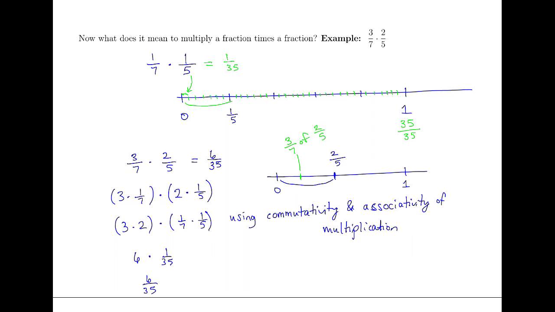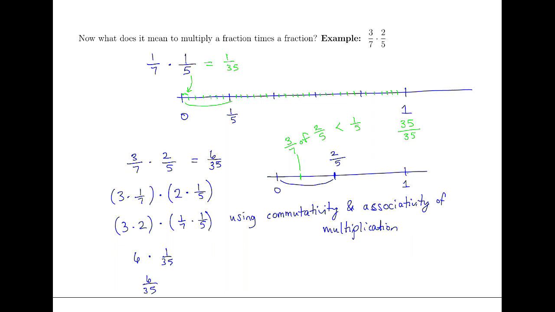And if I look at where this is on the whole number line, I might guess that this is going to be a little less than a fourth of a whole, or maybe somewhere around a fifth of a whole. I don't know. And in fact, we can actually say, well, half of 2/5 would be 1/5, right? Half of 2/5 is 1/5 because half of 2 is 1. 3/7 is a little less than half, so this should be a little bit less than 1/5.